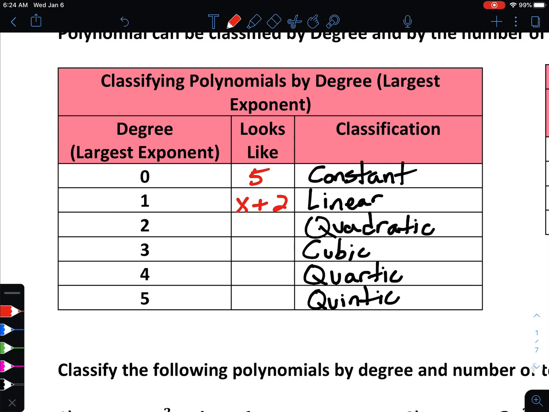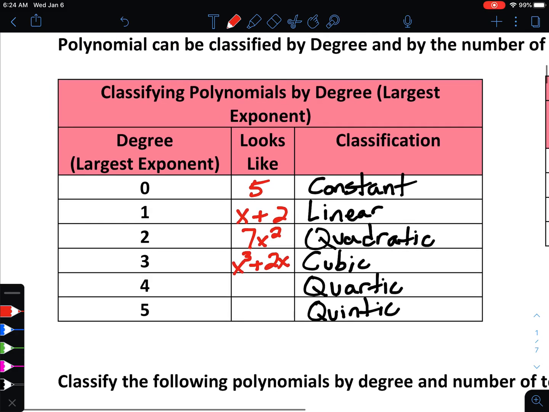If the highest exponent is a 2, then we call it quadratic. So something like 7x squared would be considered a quadratic. For 3, we call that cubic, so that would be something like x cubed plus 2x.